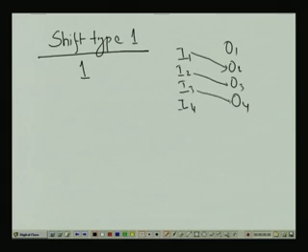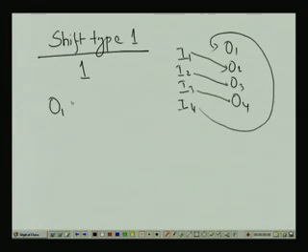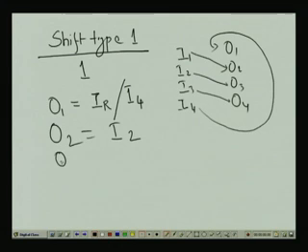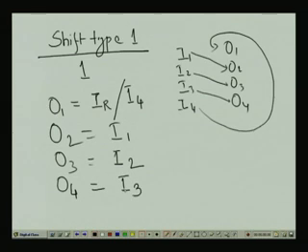This type of shifting is there, that either the shifted-out bit can wrap around or it can be fed as 0. We can tell that if it is periodically shifted, then O1 is I2, O2 is I3, O3 is I4, and the last output gets the wrapped-around bit. So, this is one type of shift.